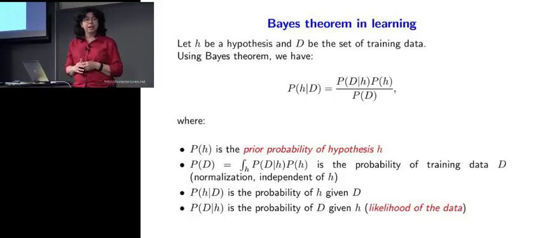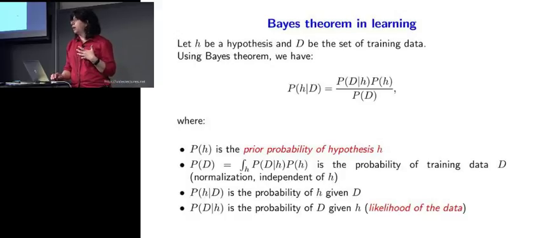So it's the likelihood of the data. P(D), really, we don't care about. It's a normalization term, just there to make sure that you get a probability distribution out. In fact, we're going to ignore it, because if all we're looking for is a very good hypothesis, one that maximizes P(H|D), then P(D) is just a constant, and it doesn't really matter.